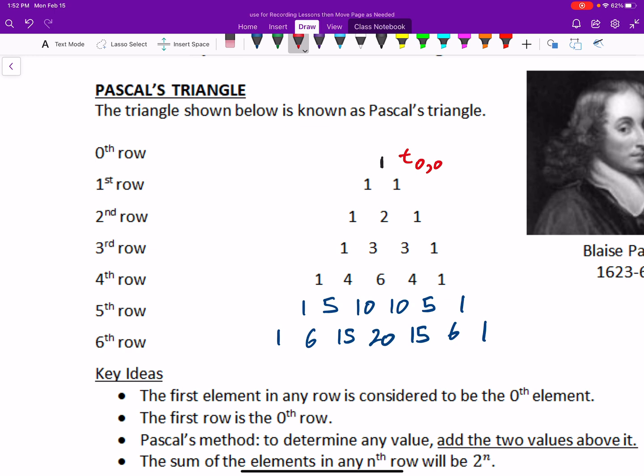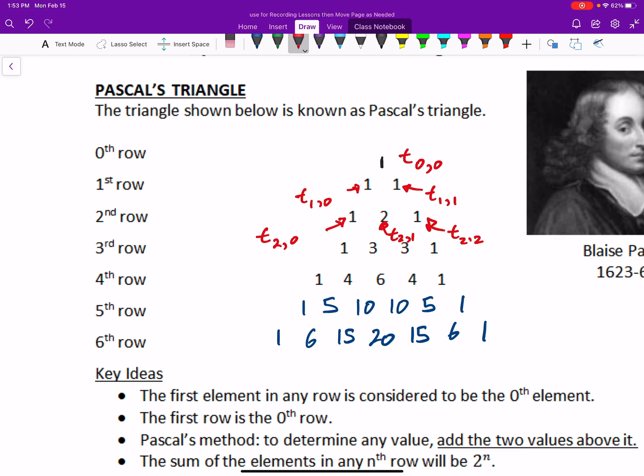Whereas this one here would be the first row and the 0th term. Whereas this one would be the first row and the first term. So again, we start counting at the term number 0. This is the second row and the 0th term, second row and the first term, second row and the second term, and so on.